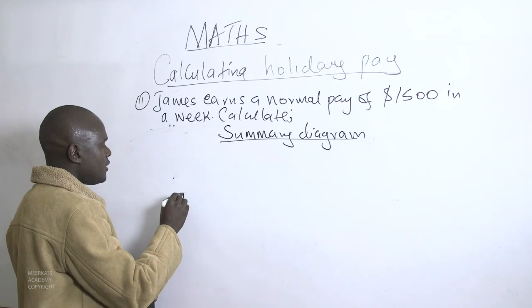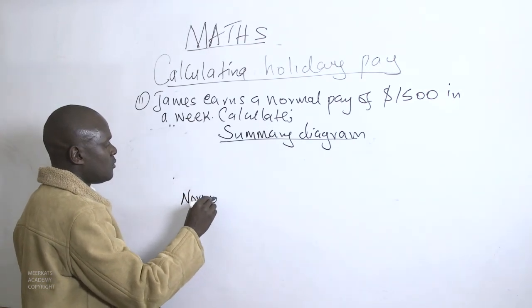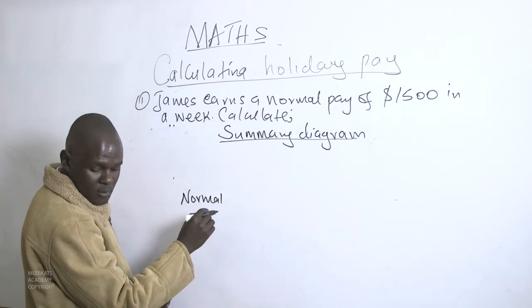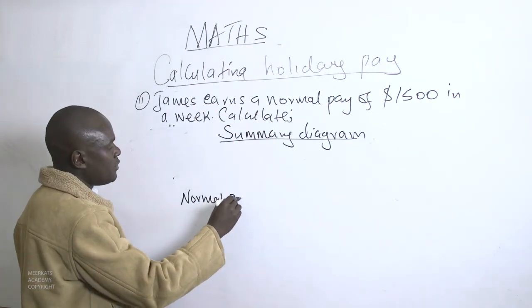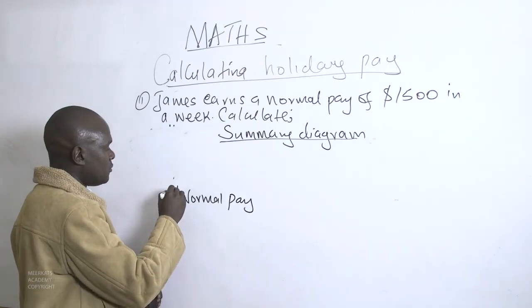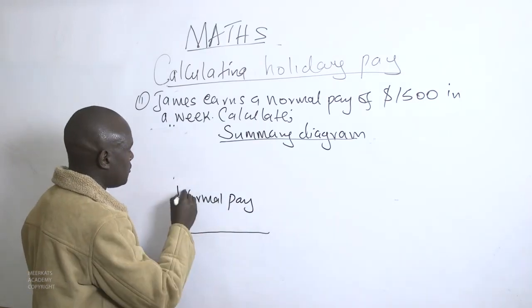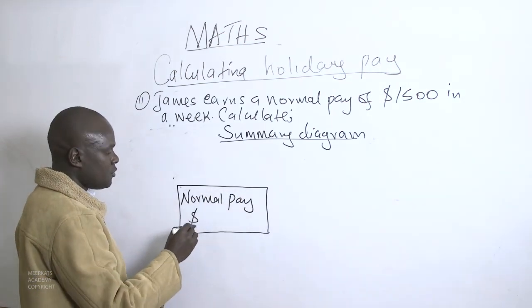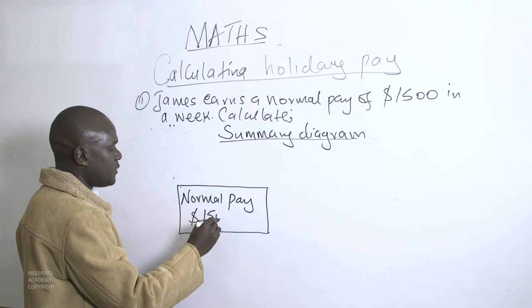We have the normal pay. James's normal pay is $1,500.